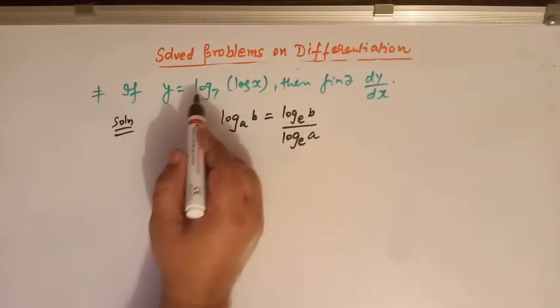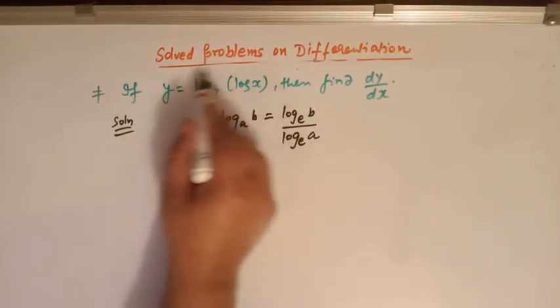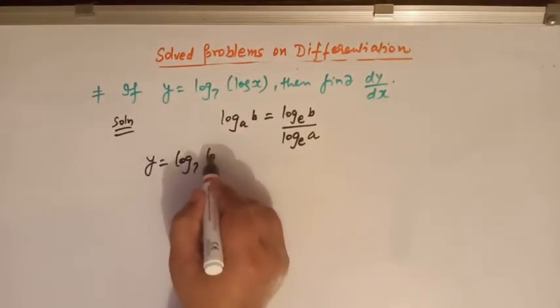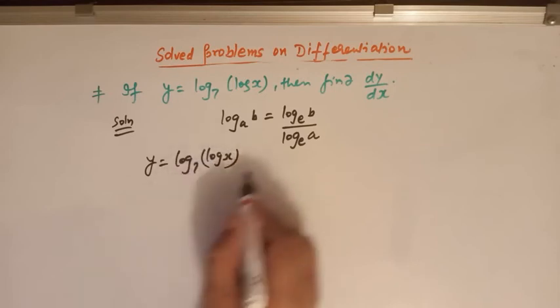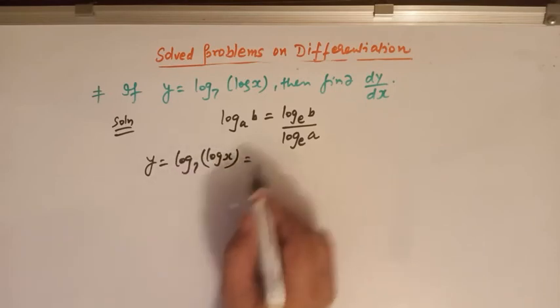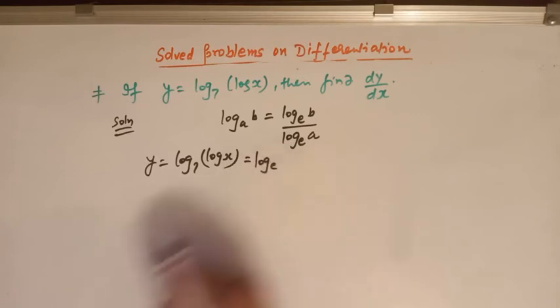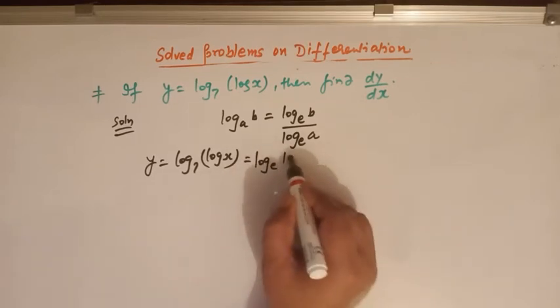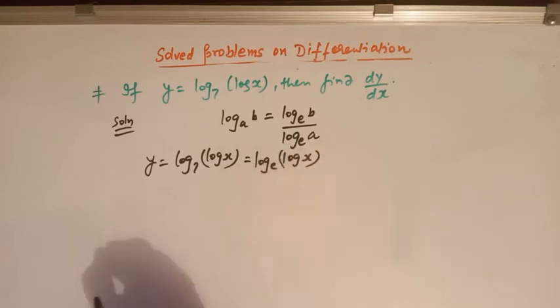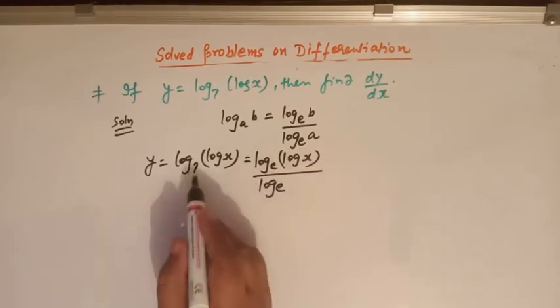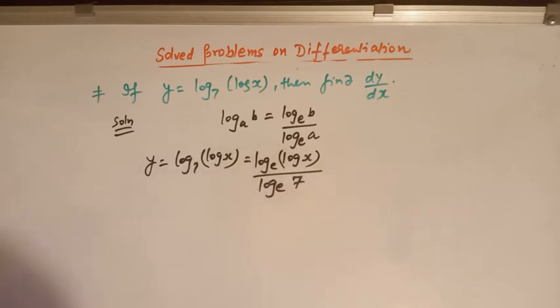Now let us convert this expression, log base 7 of log x. If we change it to the base e, we have log base e of log x here, and then log base e of 7 here.